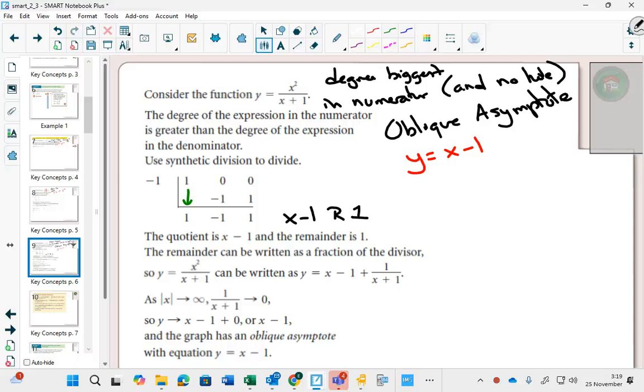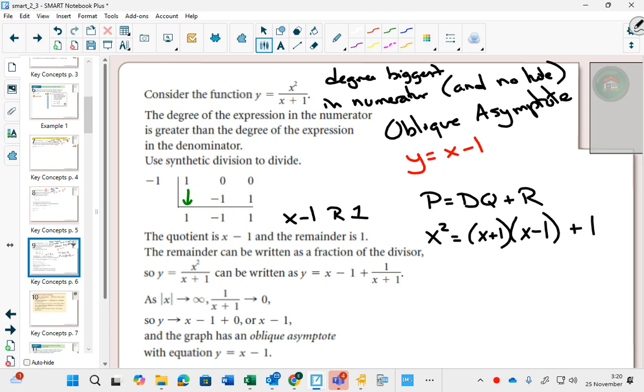If we wrote out our division statement in this situation, we have been told that x squared, we divided by x plus 1, so that was our divisor. We got x minus 1, and we got a remainder of plus 1.